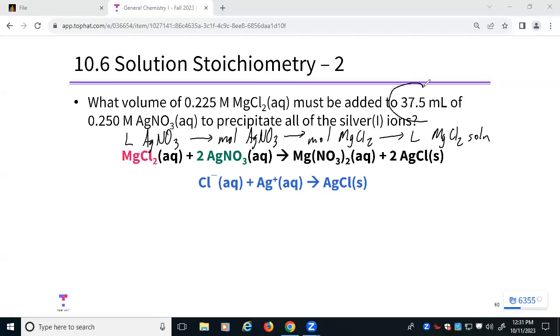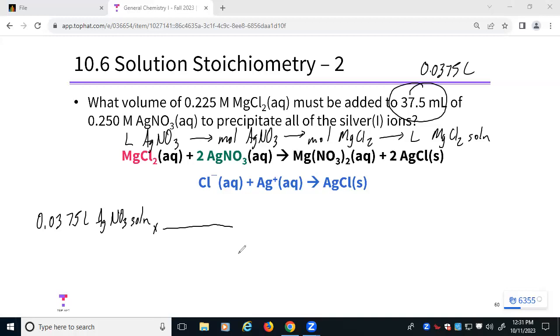First thing we need to do, we need liters of solution. Right now we have milliliters. So dividing this by 1,000, we would get 0.0375 liters. So that's where we're going to start. 0.0375 liters of silver nitrate solution. And the first thing that we want to do is convert that into moles.